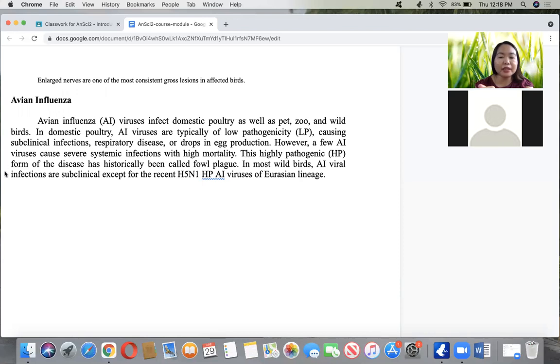So pag highly pathogenic siya, it's called fowl plague, no? Fowl plague. I have heard this many times. And in most wild birds, these are subclinical except for the recent H5N1, virus of the Eurasian lineage.